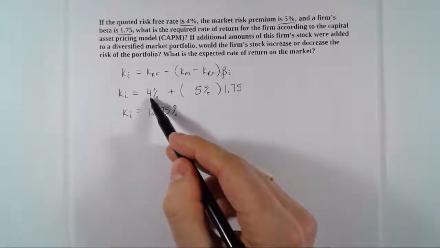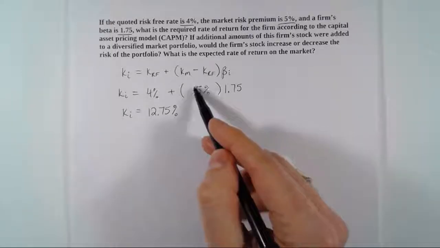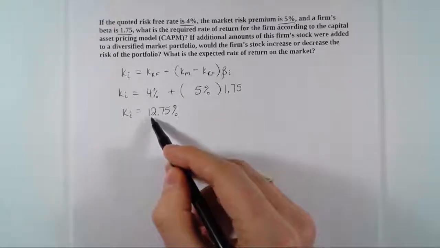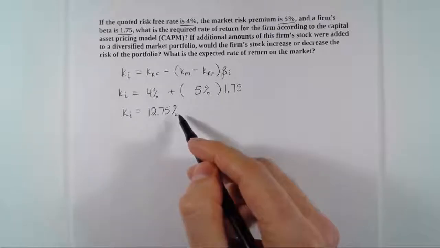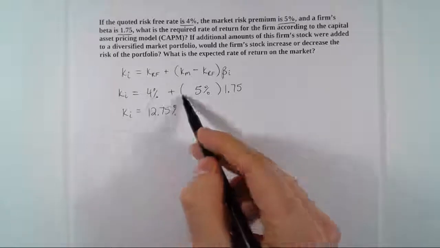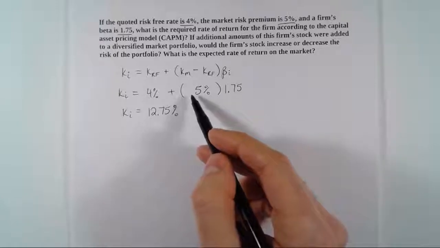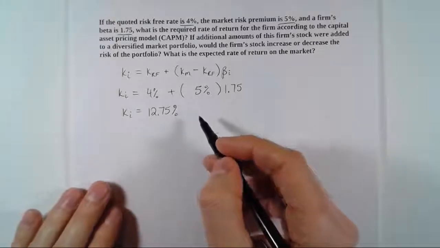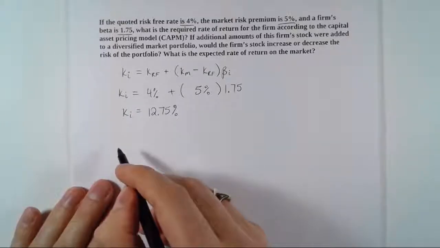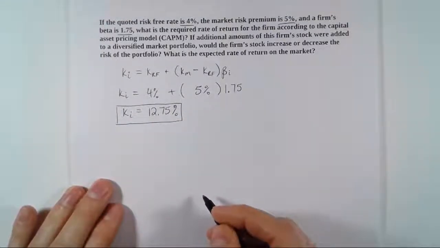So if you wanted to put them in decimal form, you would have used 0.04 here and 0.05 here, and then you would have solved the problem, and what you would have gotten as a solution is 0.1275, which you then could have converted to percentage format. So you can use either the decimal representation of the percentages or the percentage representation as long as you are consistent throughout this problem. But we've solved the first part, and that is that the required rate of return for the firm according to the capital asset pricing model is 12.75%. So we now know that.